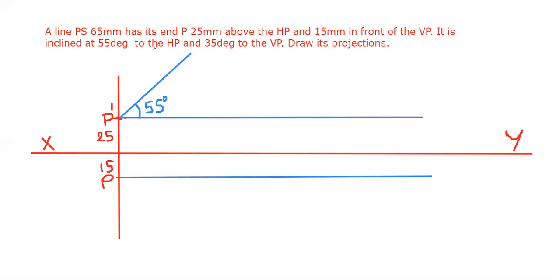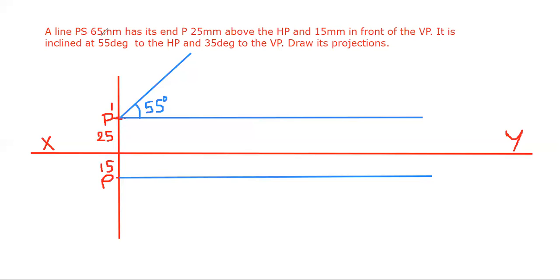So whenever it is given angle with the HP, angle with the VP, it is the angle of the true length. As all of you know, a line has three lengths: a true length, elevation length, and plan length. Elevation length means the front view length, plan length means the top view length. In very simple language, when it is given a line PS 65 millimeter, it indicates the true length.